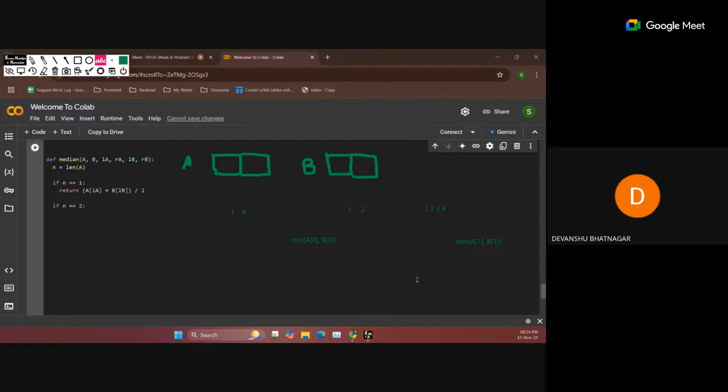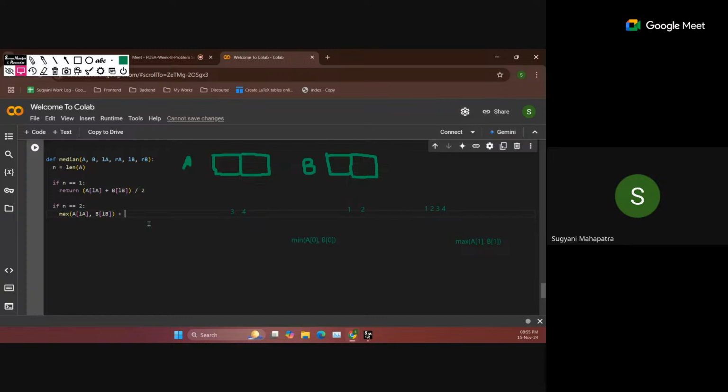So what is remaining? You have taken the minimum of A of 0 and B of 0, so the other one will be remaining, right? What is the other one? The maximum one, right? So what is remaining is the maximum between A of left and B of left, right?